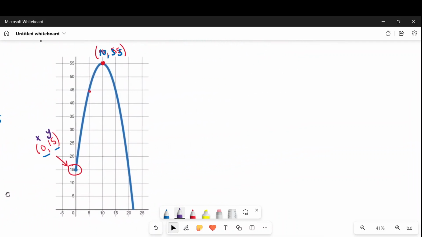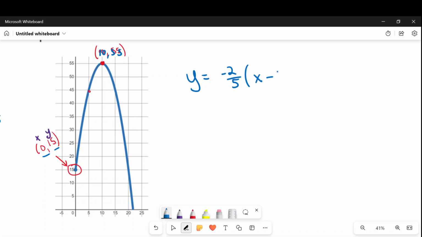So y equals negative 2 over 5, x minus 10 squared plus 55. So that's the equation in vertex form.